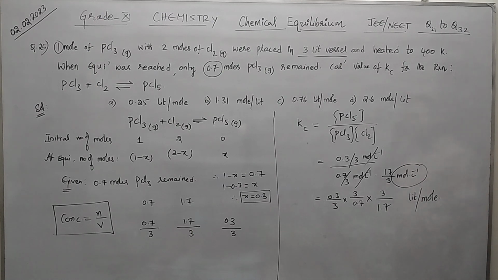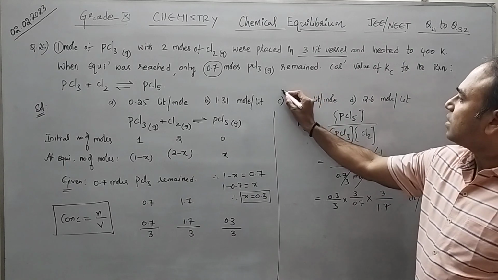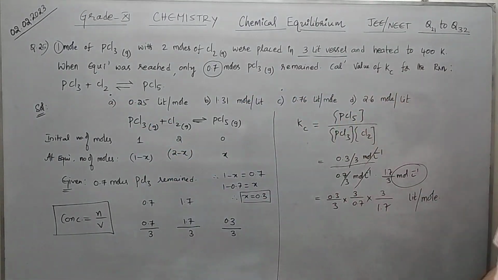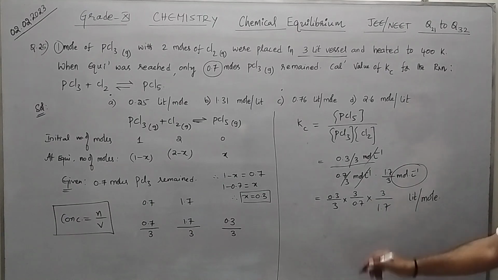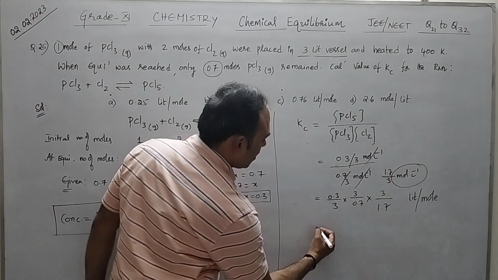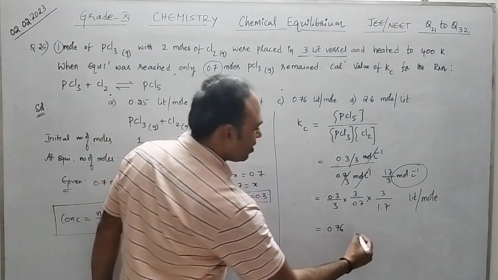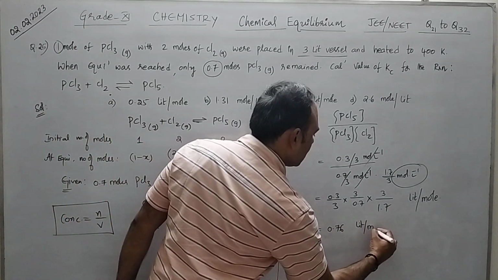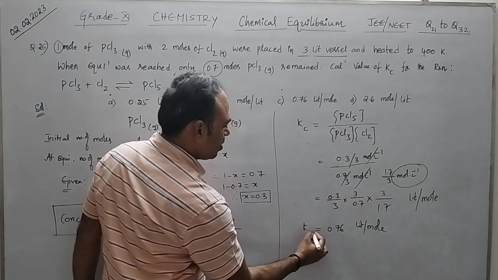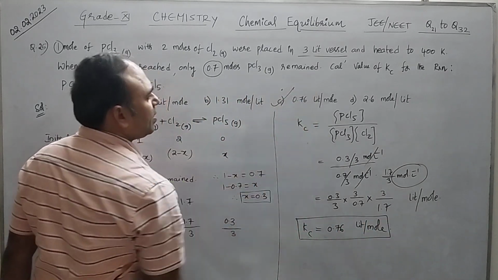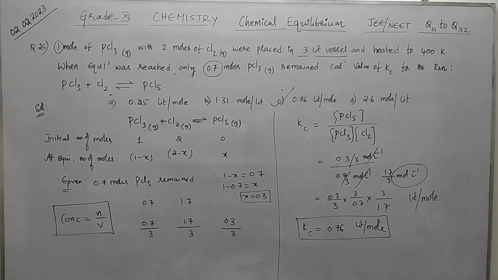So with the unit you can understand that either the answer will be C or A. Why? Because the unit is liter per mole. Now calculate this. On calculating, already I have done this, we'll get 0.76 liter per mole. This is the value of Kc. So answer is C. Hope you have understood this.